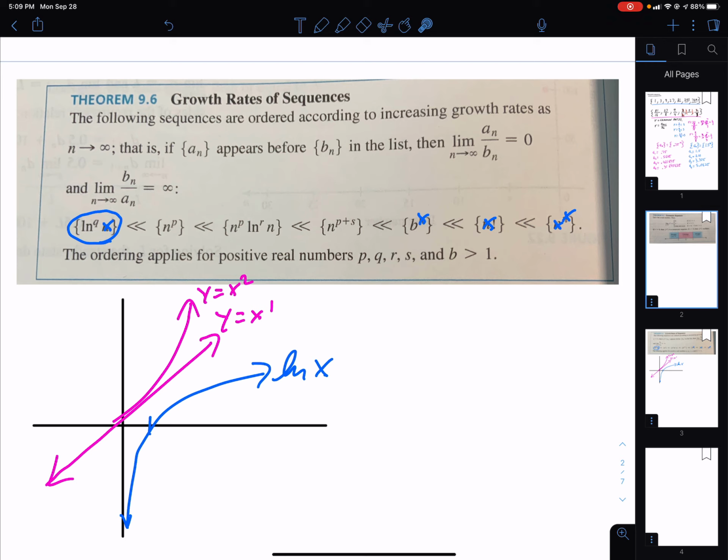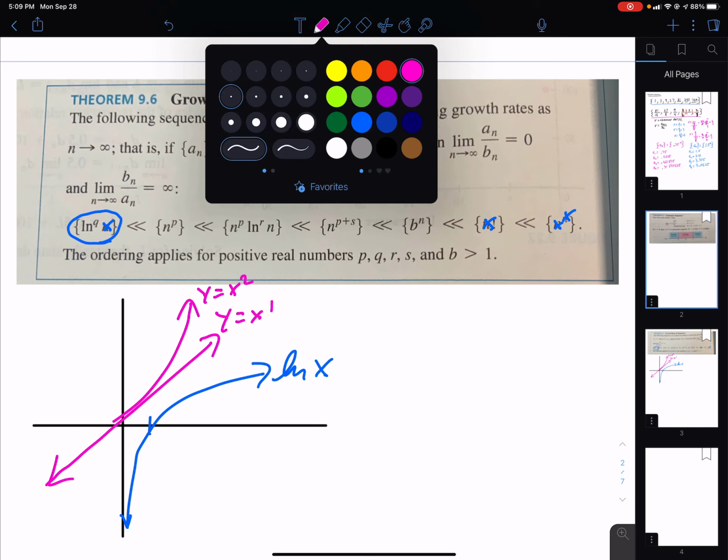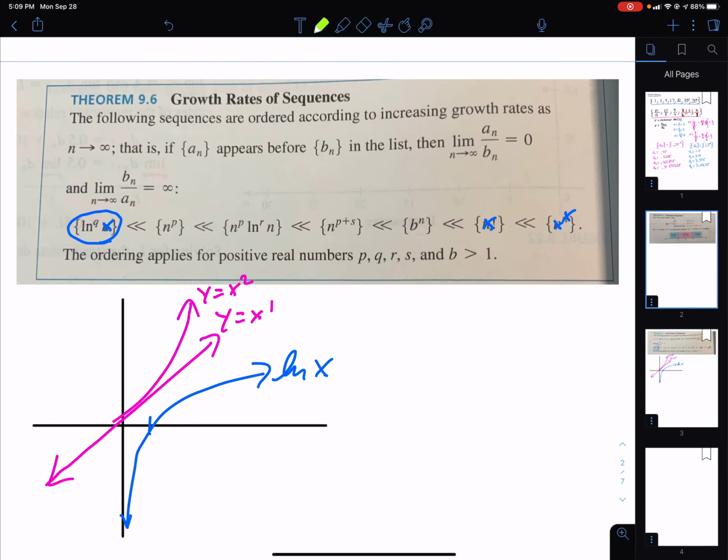I will do the next one in a new color. Let's see what looks pretty. I like green. So b to the n. So that's some number raised to a power. So it could be 2 to the x would be an example. 3 to the x would be an example.